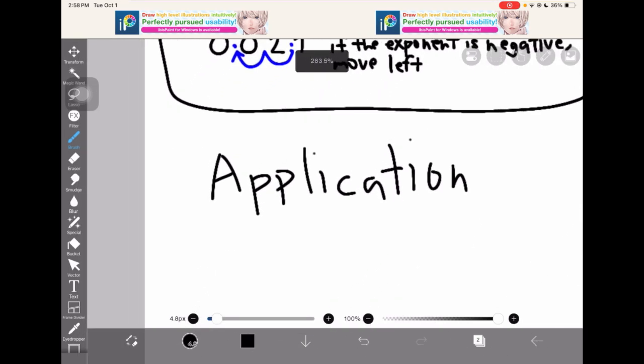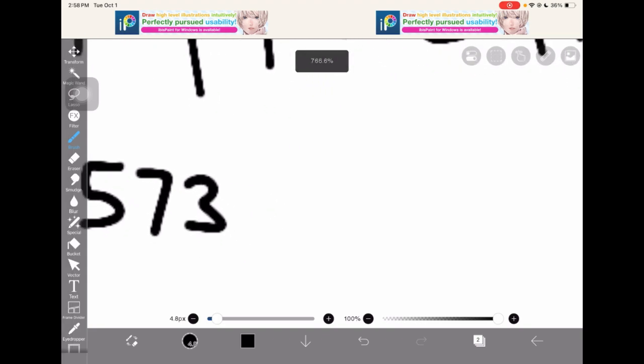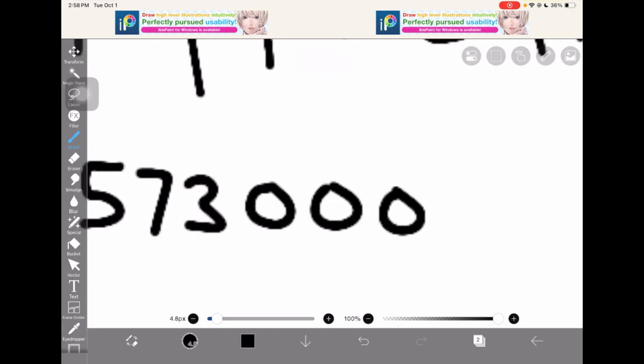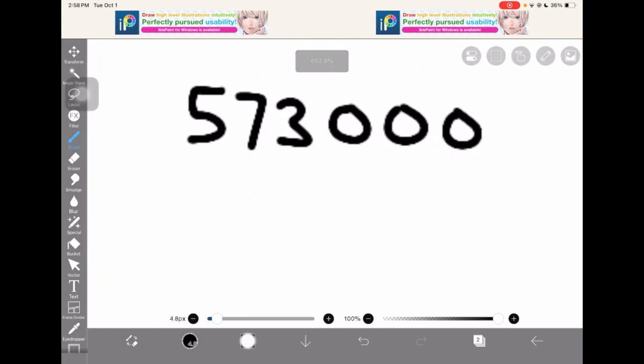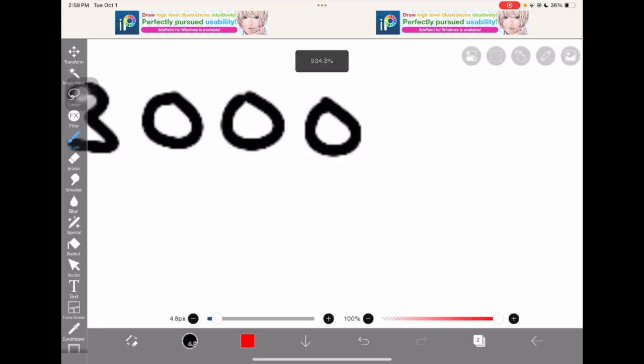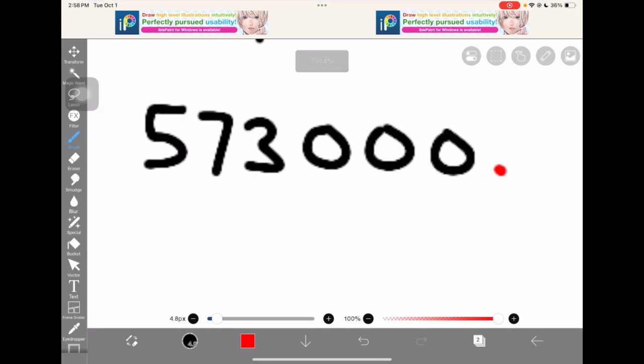So let's apply this, shall we? If you're given 573,000, and we need to change this to scientific notation, let's figure it out. So we're going to put a red point here, because that's where the decimal point is. Let's pretend to hide the numbers. We're going to keep moving this point until the number is between 1 and 10.